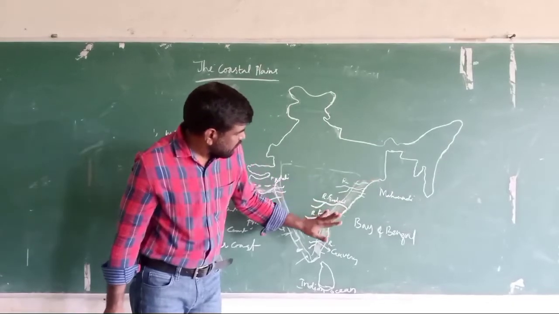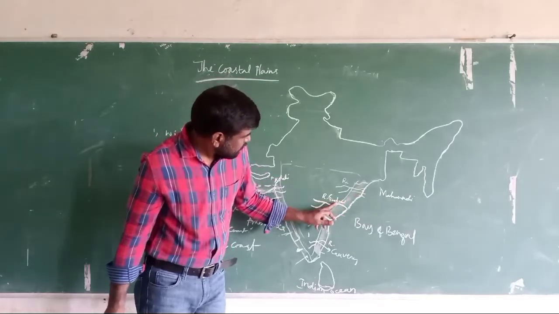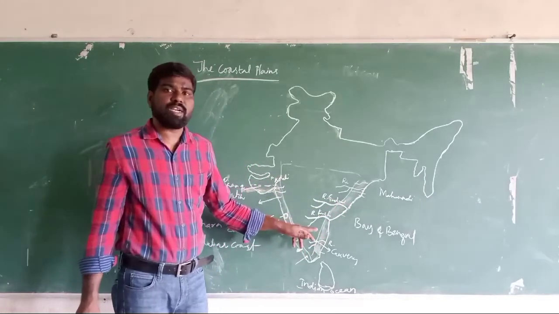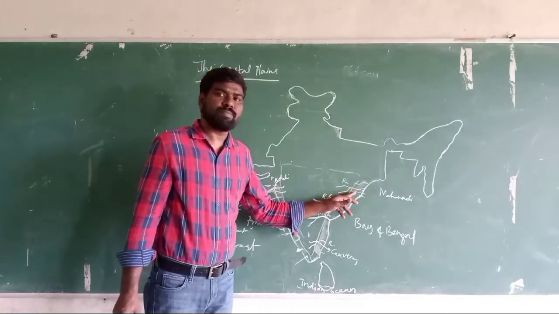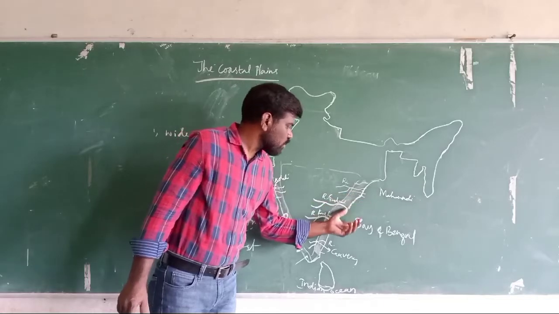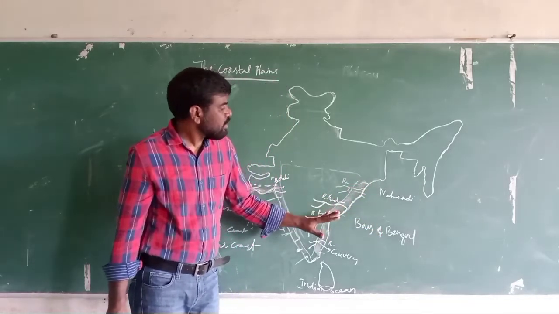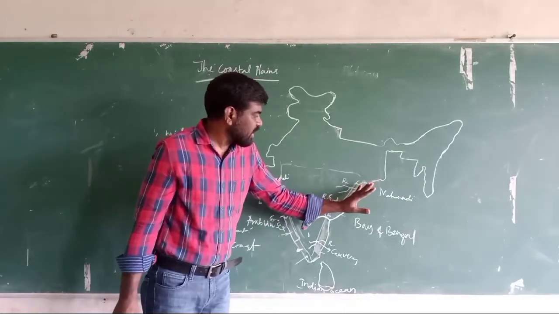These coastal plains are formed by the deltas of Mahanadi, Godavari, Krishna and Kaveri. As you might have learned in your earlier classes, deltas are formed by the rivers before joining into the sea. These plains are well-watered and very fertile.